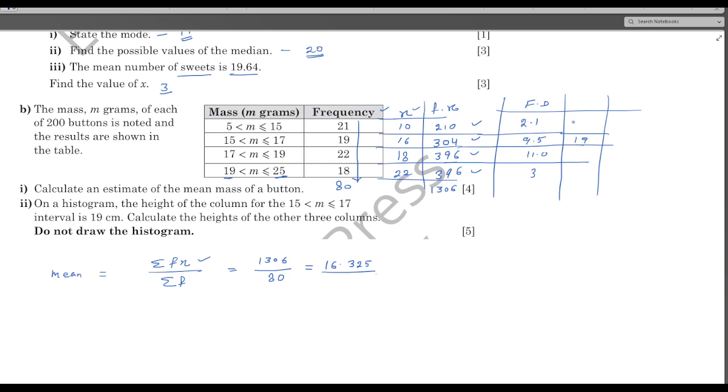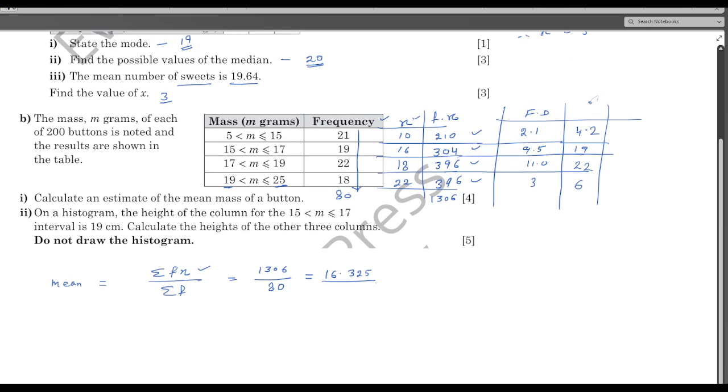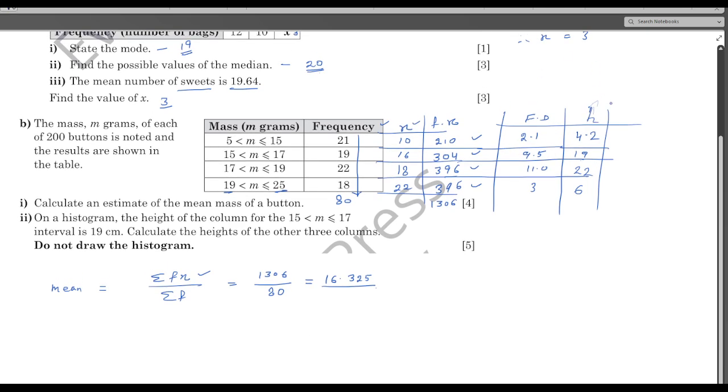So 2.1 multiplied by 2 gives 4.2. 11 multiplied by 2 gives 22, and 3 multiplied by 2 gives 6. So these are my heights of the histogram. Generally for a histogram we consider the frequency density as the height. But sometimes the frequency density values we get are not convenient.